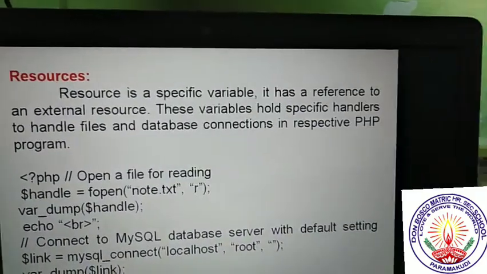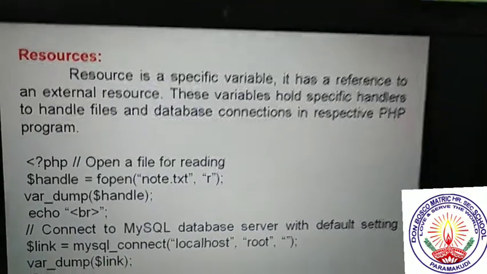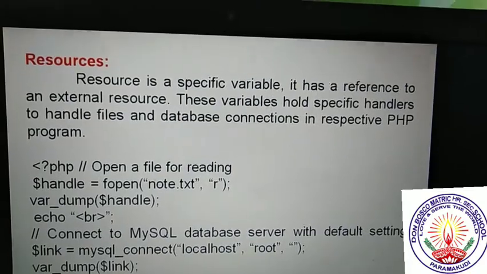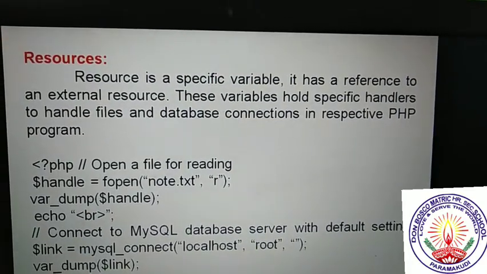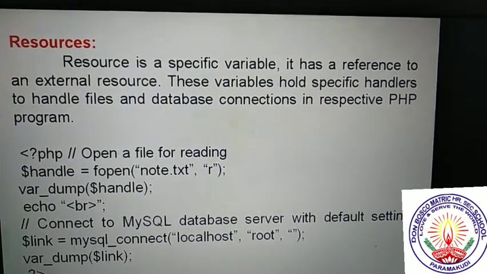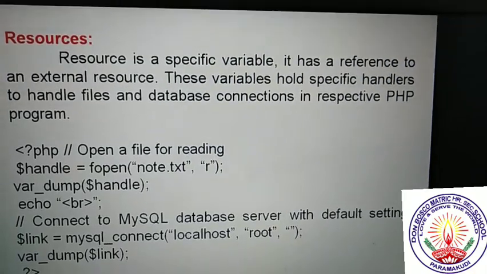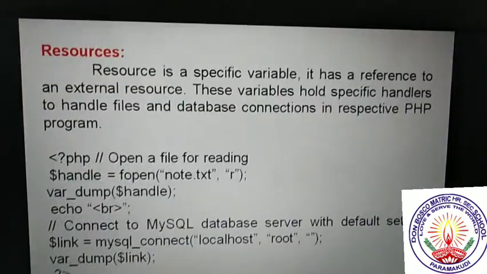And resources. So resource is a specific variable. It has a reference to an external resource. These variables hold specific handlers to handle files and database connections in a PHP program.